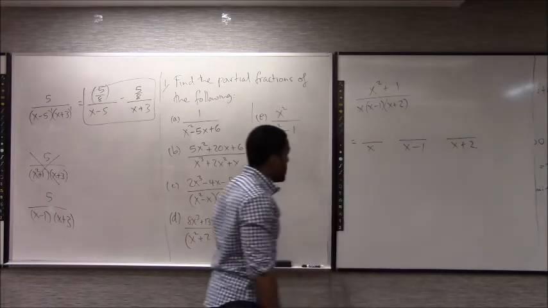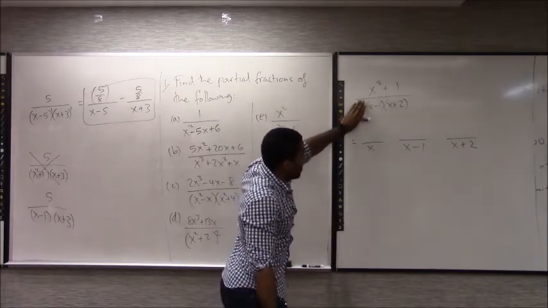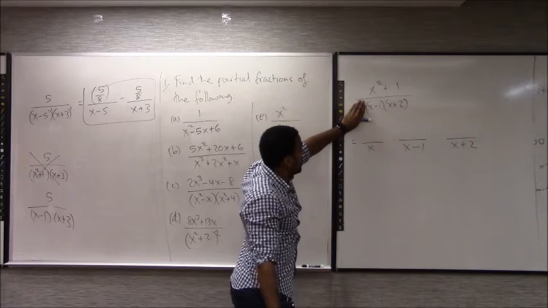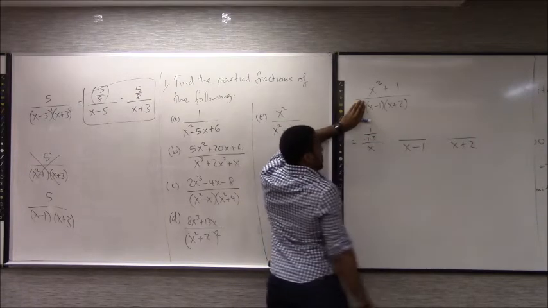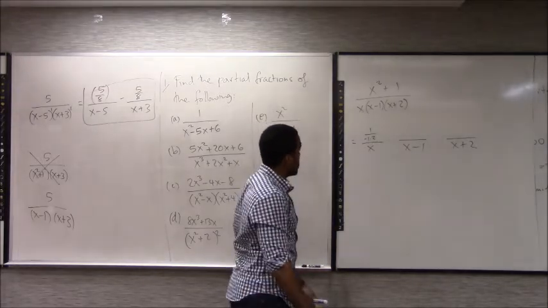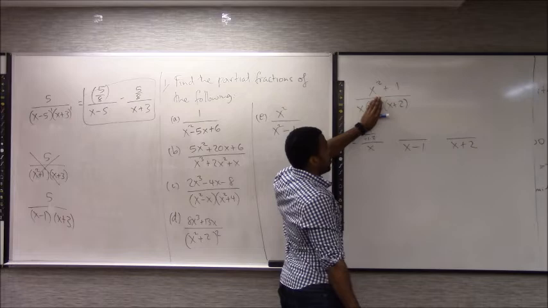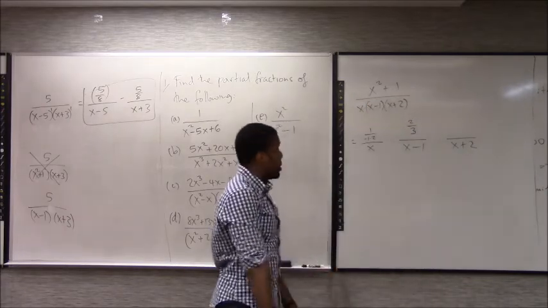What would those numbers be? Well, 0 makes this denominator 0, so we cover that up and plug in 0. I would get 1 over minus 1 times 2. X equals 1 makes this 0, cover that up and plug in x equals 1. I would get 2 over 3. That would be the top of that one.